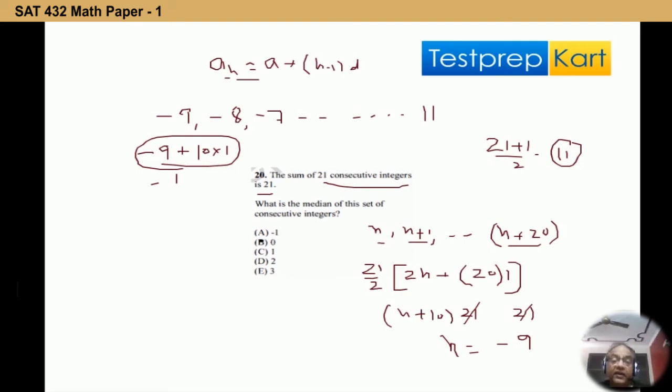That's the formula for finding the nth number of an arithmetic sequence. a is the first one, n is the number, and d is the common difference. So here the common difference is 1, and I have to find the 11th number, so n is 11 and d is 1. Substituting, this is equal to 1, and therefore my median is 1, which is option C.